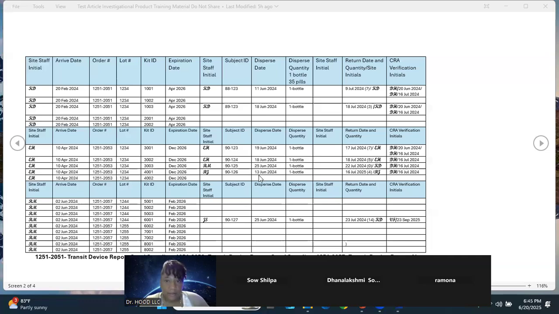Then our next subject. Okay, so what issue did you find? They returned it a year later. Yes, well, good job. But is that supposed to say 2025? If it is 2024, I think it's wrong.